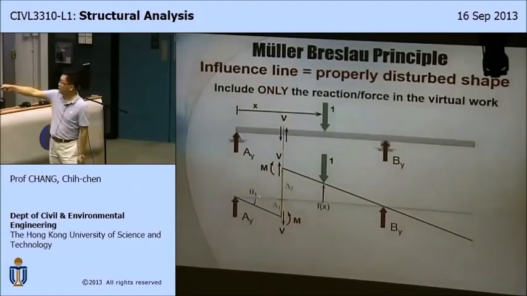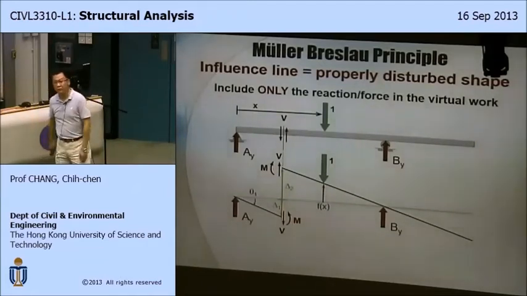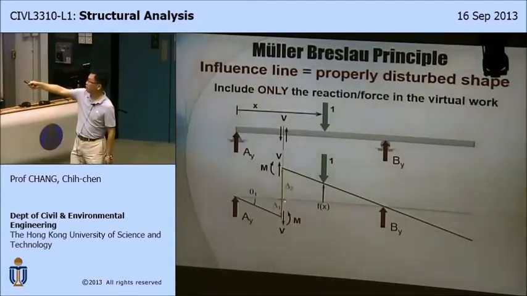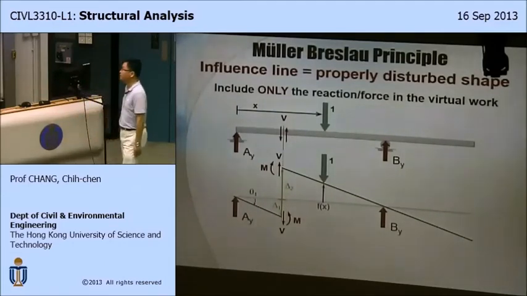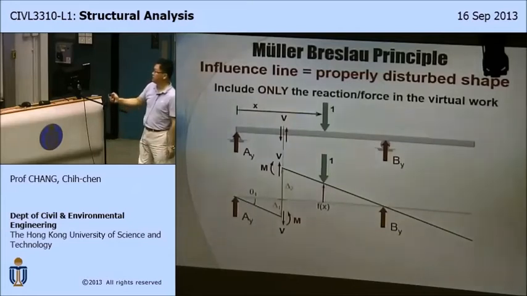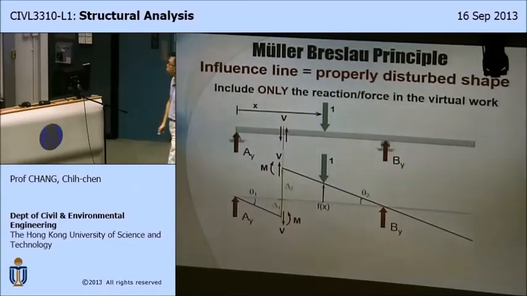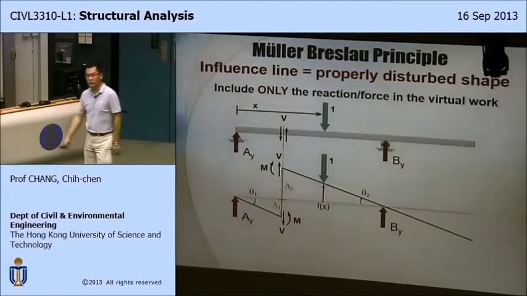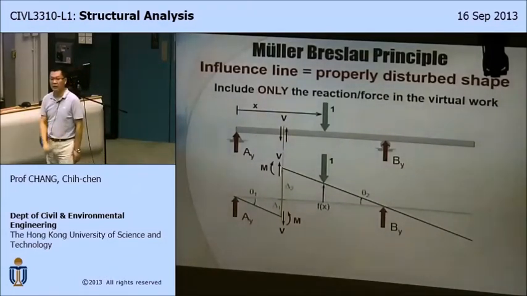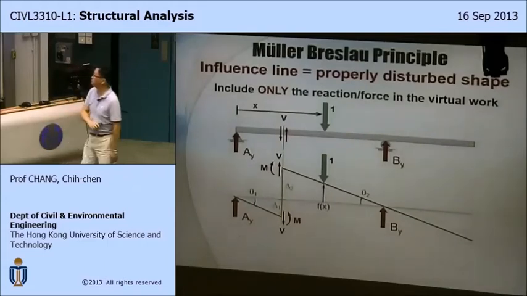So delta 1 and theta 1 are related through delta 1 over this length equal to theta 1. Same thing, theta 2 can be related to delta 2: simply delta 2 over this length equal to theta 2. Okay, with that configuration put down, now I can formulate my virtual work.